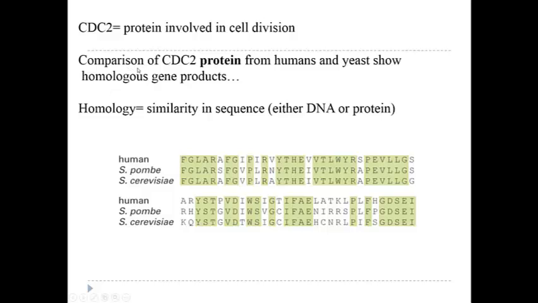So when comparing the CDC2 protein from humans and yeast, scientists were able to show homologous gene products. If we sequence the gene found in humans, which is on the top row here, sequence the gene product or the protein, so find out the amino acid sequence of the human form of this protein, that's at the top line here.